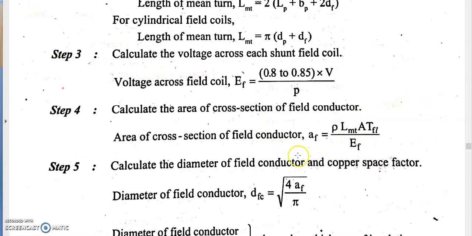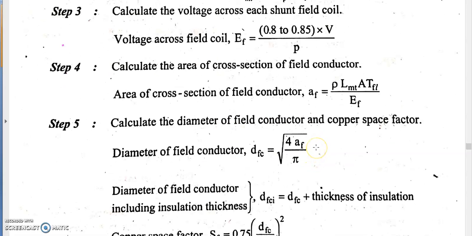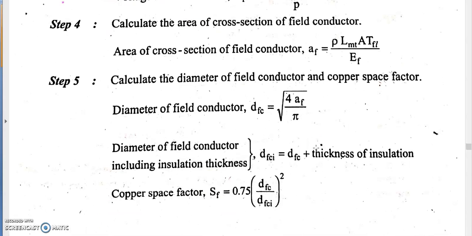From this equation we can calculate the area of cross section of the field conductor, and then the diameter of the field conductor. In case of a circular conductor, the diameter is calculated from the pi r square equation. Suppose it is the diameter of the field conductor including thickness.